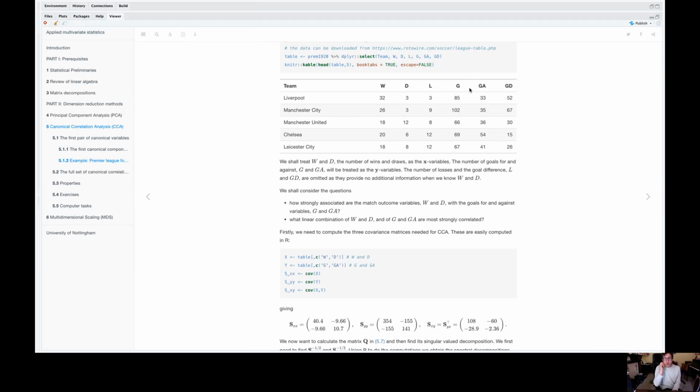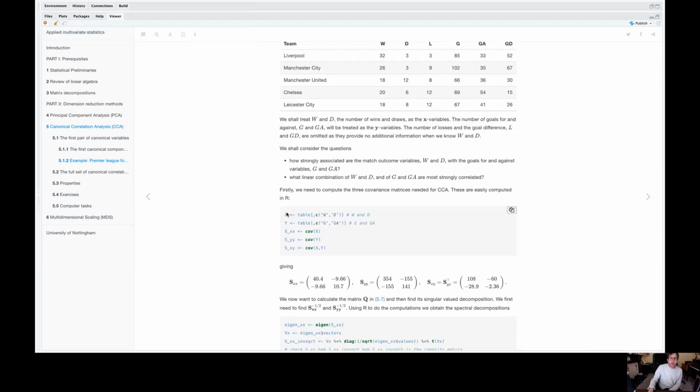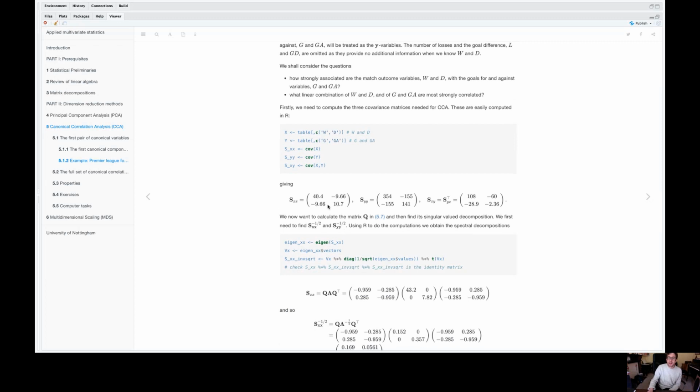So the way we start off doing CCA is to compute the three covariance matrices that we need. If I let my X variables be the wins and draws columns, and my Y variables be the goals for and goals against columns, I can work out the covariance matrix of the X's by CovX, the covariance matrix of the Y's by CovY, and the cross covariance CovXY.